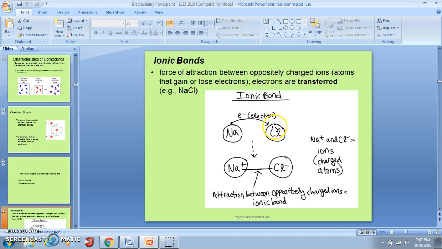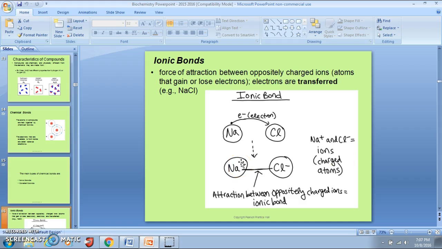Because an electron has a negative charge, chlorine ends up with an extra negative charge, so it's no longer a neutral atom. If sodium is losing an electron, losing a negative charge is like gaining a positive charge. So sodium ends up positive. Now, we call the Na plus and Cl minus ions, which means they are charged atoms.